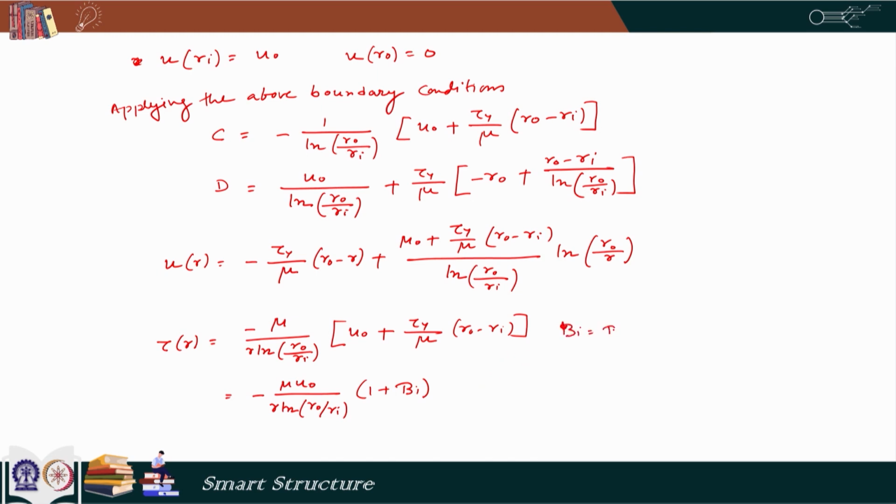Bi is the Bingham number, and that Bingham number is the ratio of the yield stress to the viscous stress. So, this is tau_y multiplied by d by mu u_0. Tau_y is the yield stress, and mu u_0 by d also has the dimension of stress, and that is the viscous stress. So, yield stress by viscous stress is our Bi, the Bingham number, and that is how we express our shear stress tau.